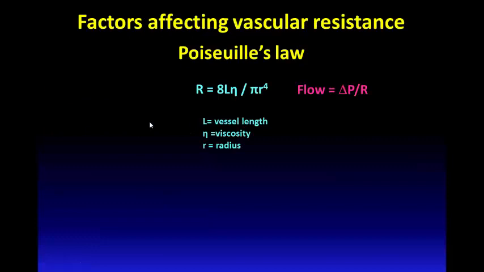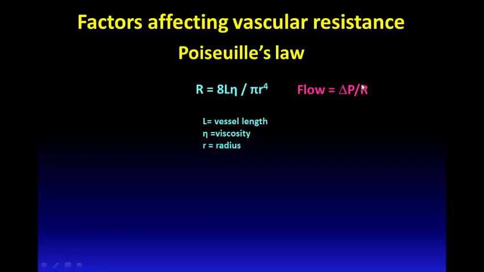What is the total peripheral resistance? How do we calculate the resistance which the blood meets as it flows through the systemic circulation? Poiseuille's law, named after a French scientist, states that resistance is equivalent to 8 multiplied by L, where L is the blood vessel length, multiplied by eta, which is the viscosity, divided by pi multiplied by the 4th power of the radius.